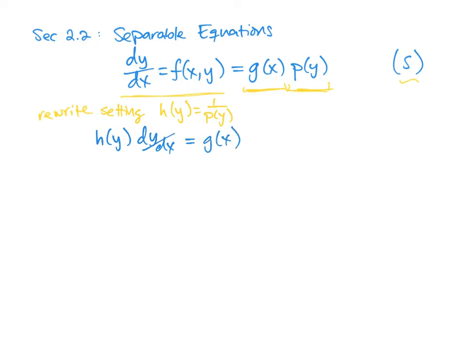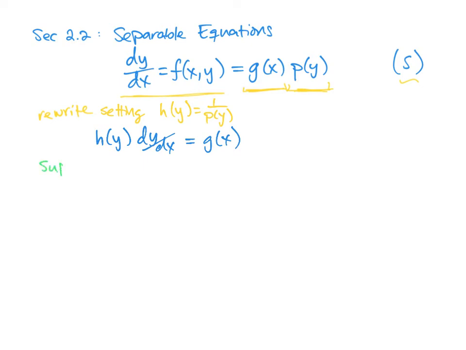So this is nice because on the left-hand side, we really just have y's. We have h of y and then y prime. And on the right-hand side, we have our g of x, just x's. So it seems like we should be in good shape for taking antiderivatives or for integrating.